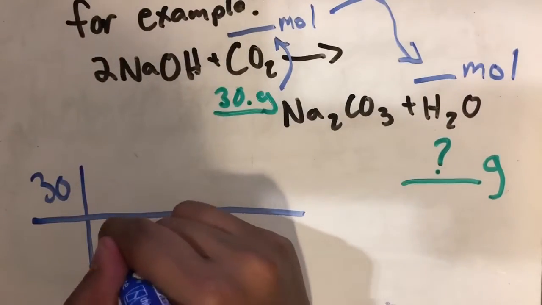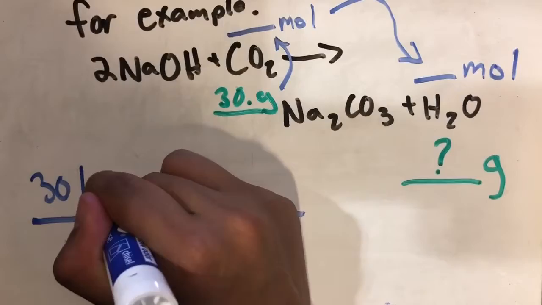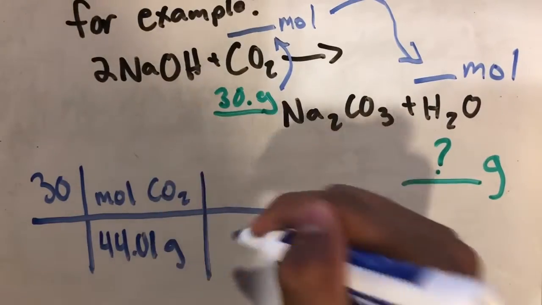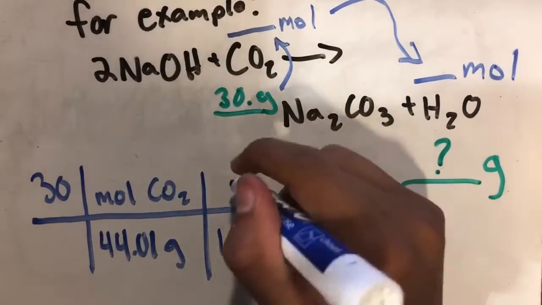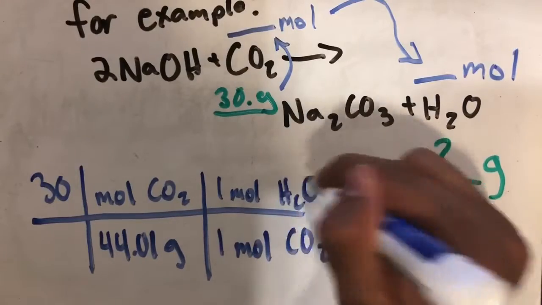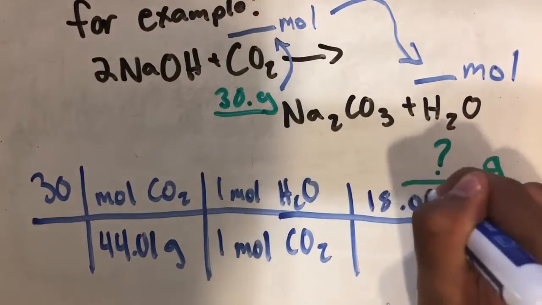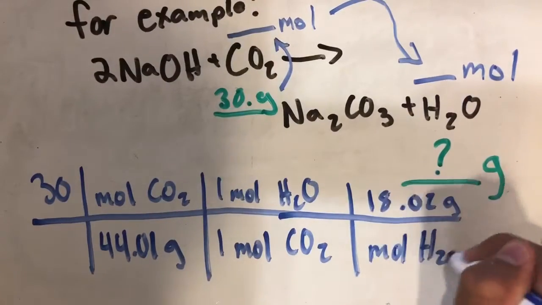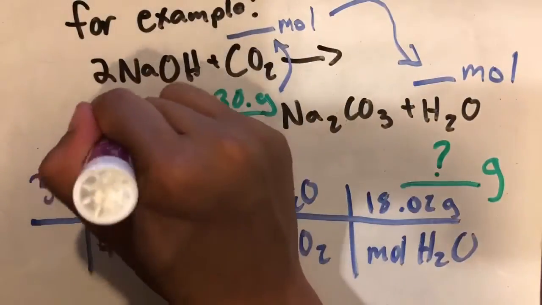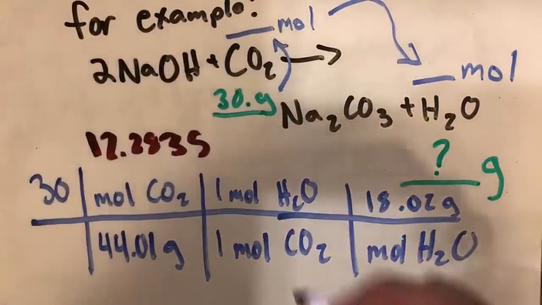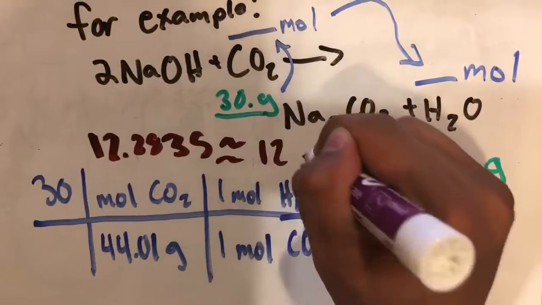We have to change the 30 grams of CO2 into moles of CO2. Then we have to use a mole ratio to find moles of H2O, which is 1 to 1. Lastly, we multiply the number by the molar mass, which is 18.02 grams, to find the answer. Rounded correctly, it comes out to be 12 grams of H2O.